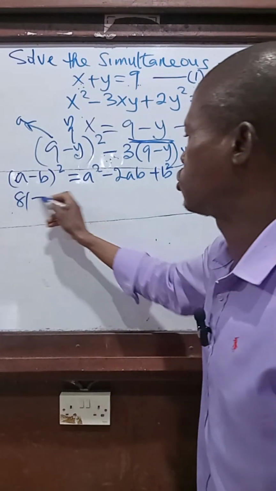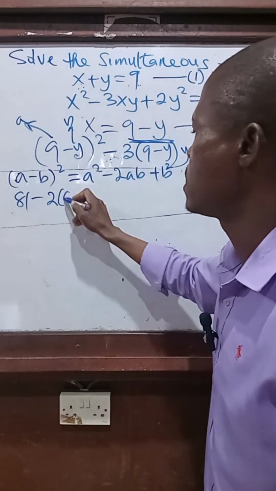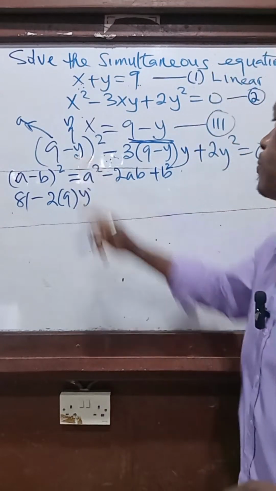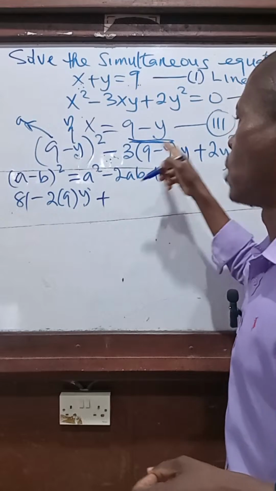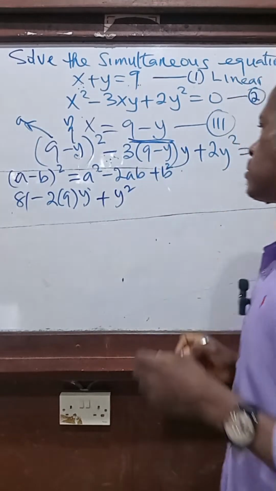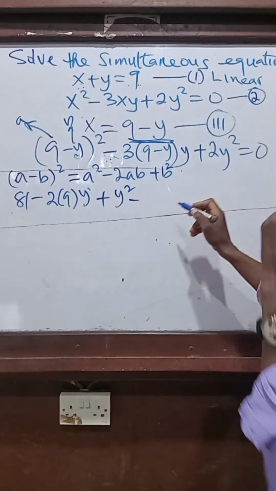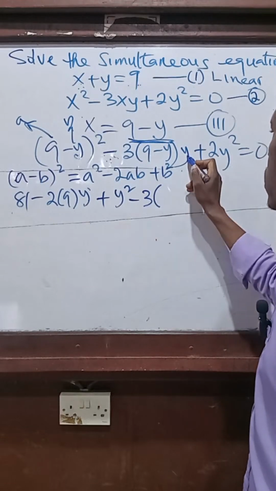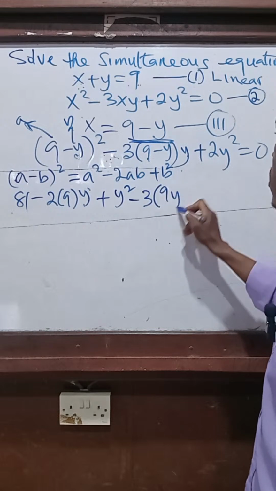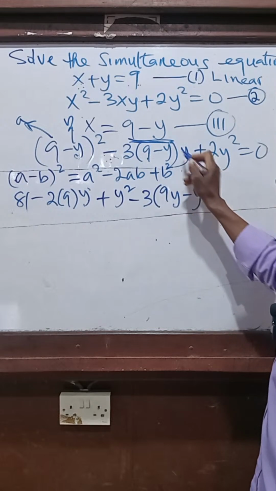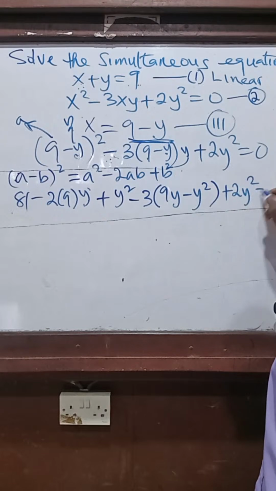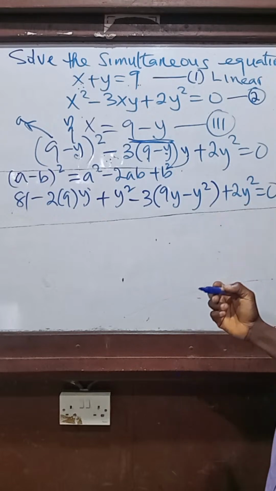And then minus 2 times a times b. My b is y. And then plus b squared, b is y. Minus 3, this one times this one, we have this, minus this one times this one, y squared, plus 2y squared. So this is what we have now.